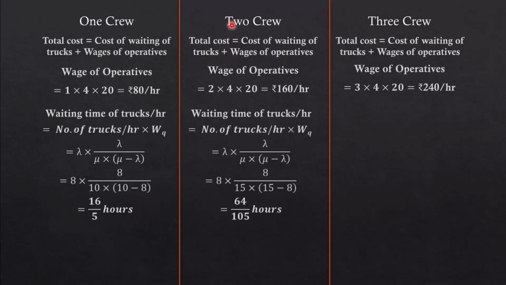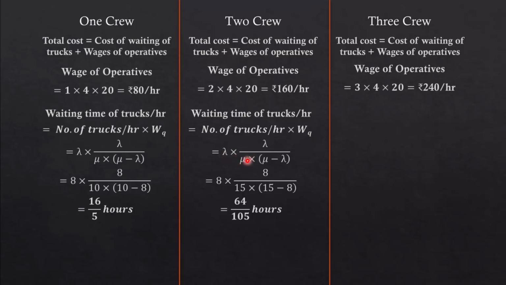That means the total waiting time of trucks per hour is 16 by 5. Similarly, we can calculate this when there are two crews. So the value of WQ is lambda by mu multiplied by mu minus lambda, and the number of trucks per hour is lambda. Here the arrival rate is same, lambda is same, which is equal to 8. The value of mu is changing.